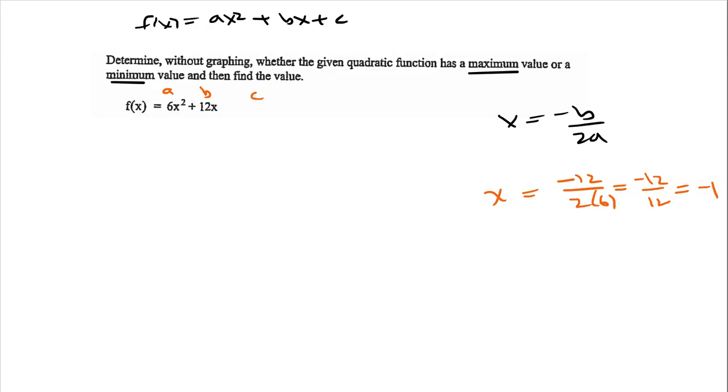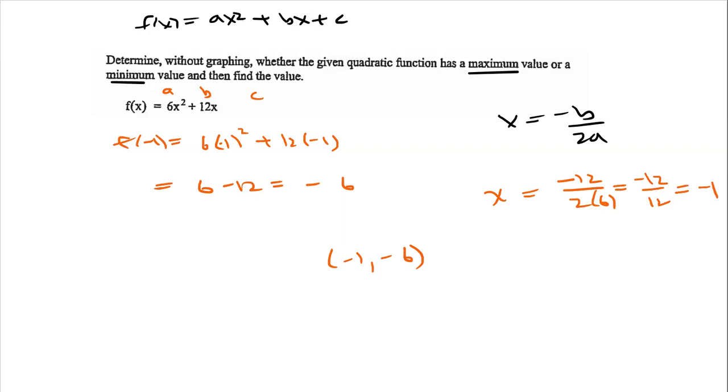And so I just plug in negative 1 in there. So we get 6 times negative 1 squared plus 12 times negative 1. So I put that in a calculator. That gives me 6 minus 12, which is negative 6. Okay. So we have the coordinate of negative 1, negative 6.